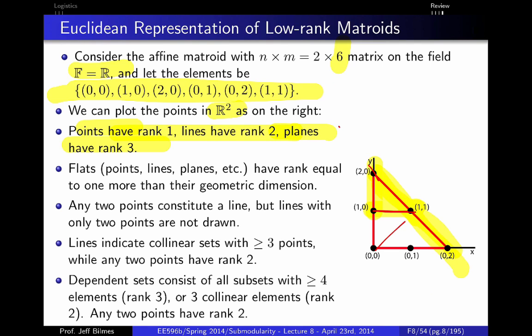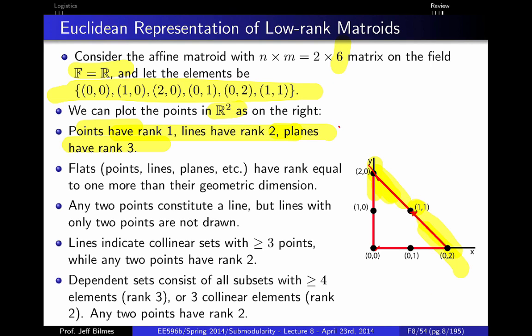We could draw a line here, and we could draw a line there, and we could draw all these other lines, but they're in some sense extraneous, because we're just saying that all sets of 2 points that are non-identical constitute a set of rank 2. So in general, when we depict this geometrically, we just don't draw those lines. We just designate them redundant.